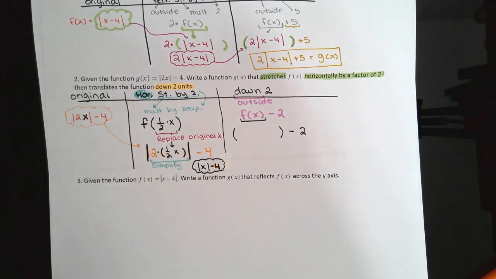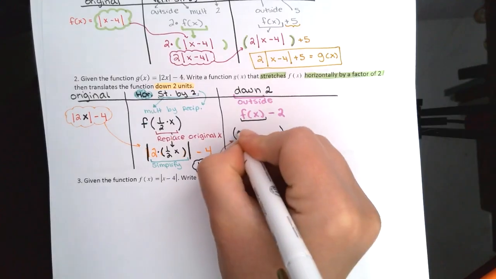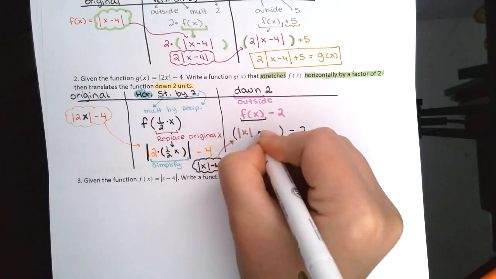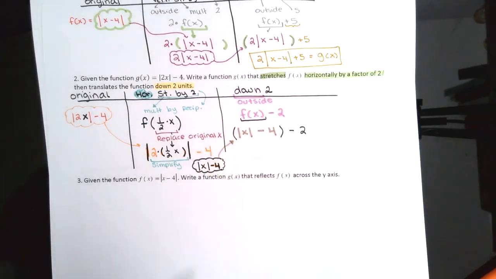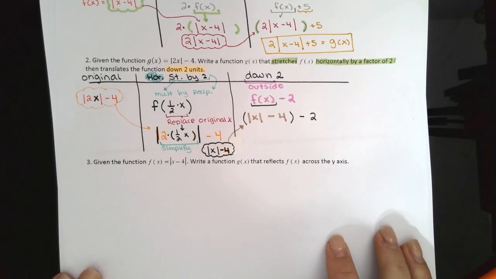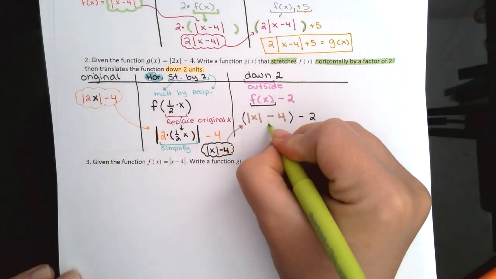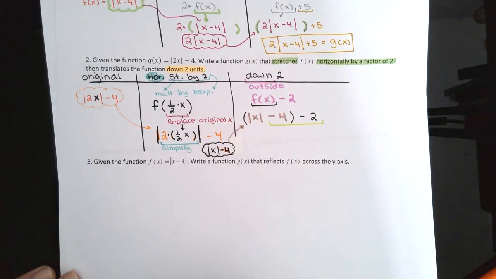I'm going to pick up this changed function, absolute value of x minus 4. And now, since I am creating a change on the outside of my function, notice that I have a minus 4 also on the outside of the absolute value. So when you simplify, these two need to be combined.